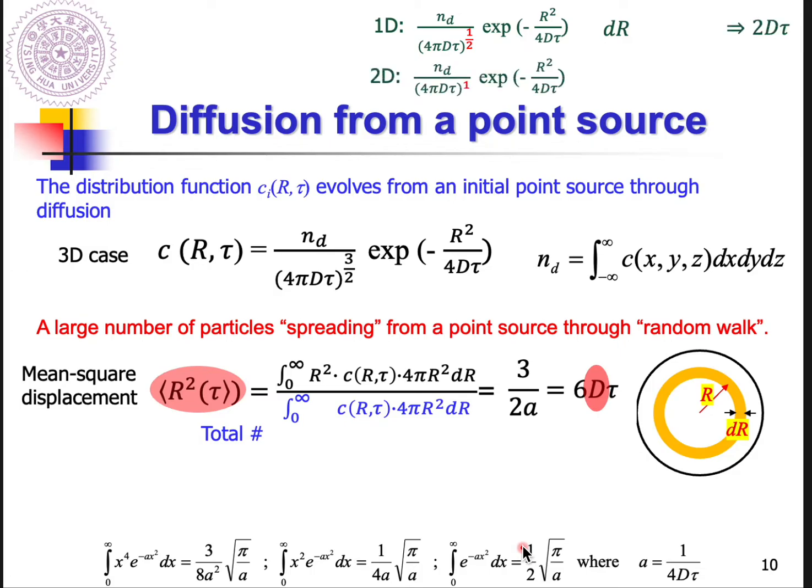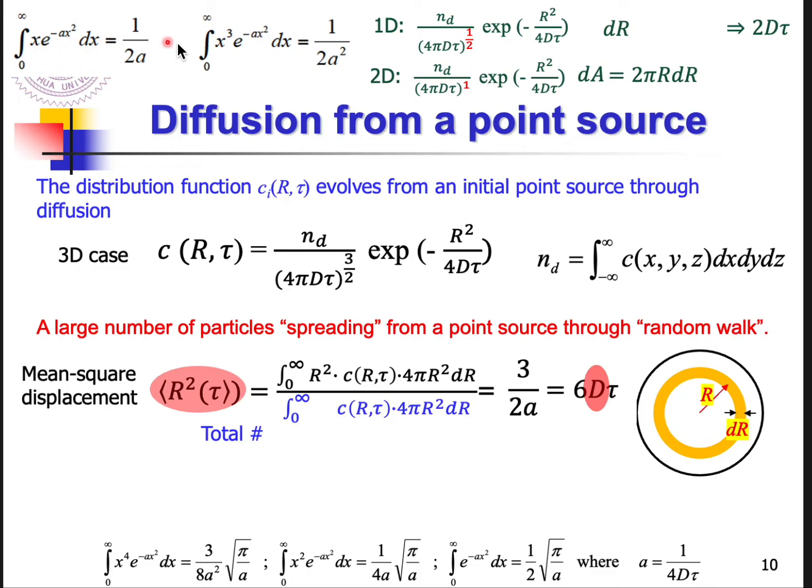The same thing applies for 2-dimensional. The concentration profile is expressed like this, but for 2-dimensional the integral is over area, right? So it will be 2 pi r dr. You use r squared times this term, then you get r to the 3, times the exponential minus r squared.